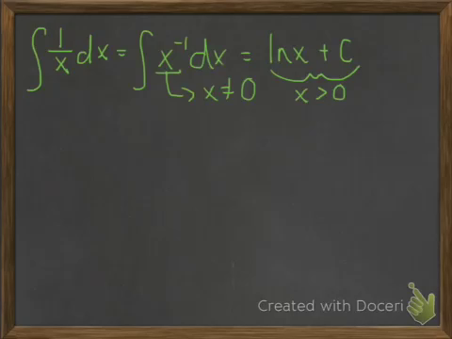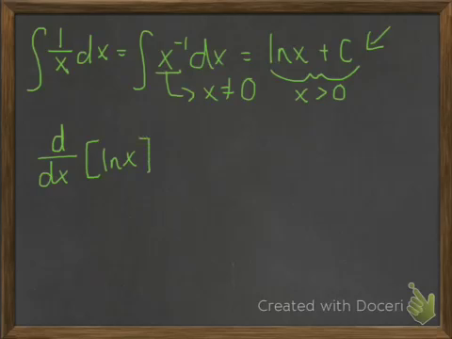But we want to be more specific, because this answer is a little too broad: it only specifies the positive x's. What about the negative x's? We have a different way of writing this. Say we have the derivative of ln x.